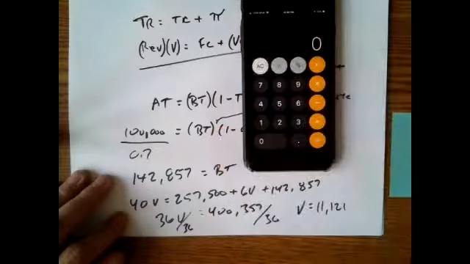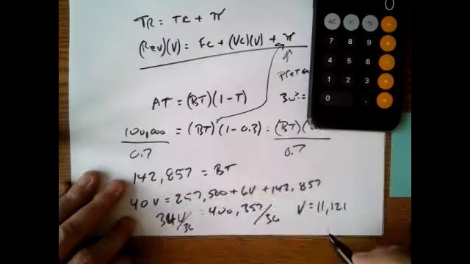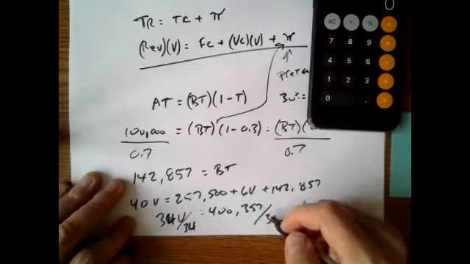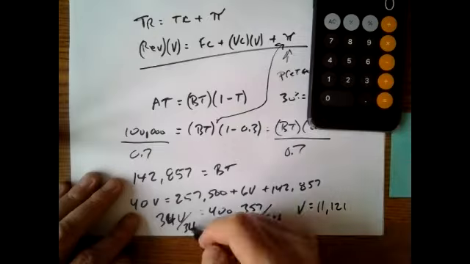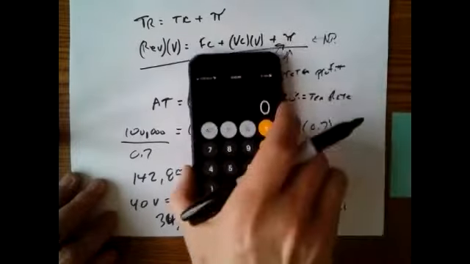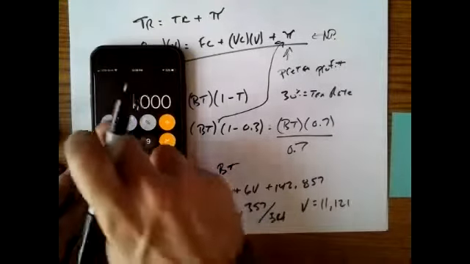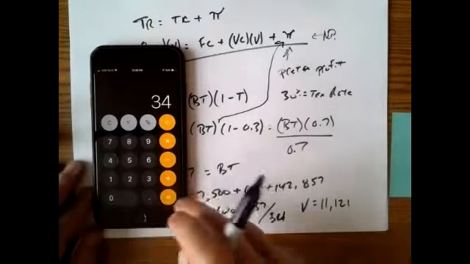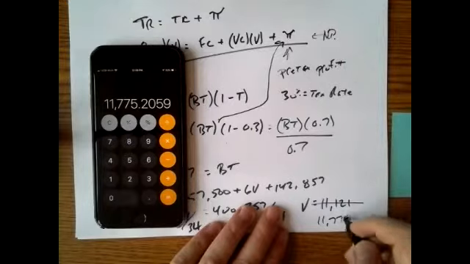Oops, I made a mistake. Sorry. 40 minus 6 is actually 34 in the real world, not 36. So $34 per visit was our contribution margin, not 36. Let me just recalculate that real quick. So it's 400,357 divided by 34, not 36, which gives us 11,775.